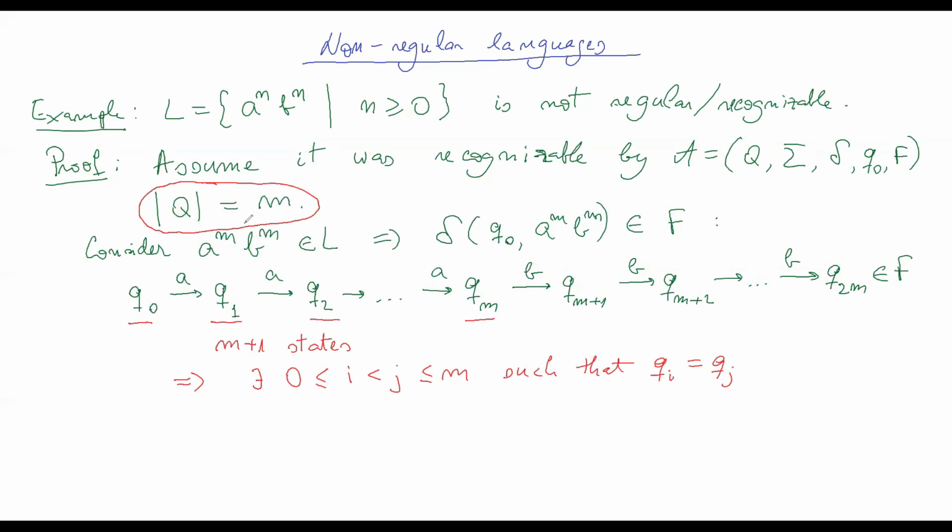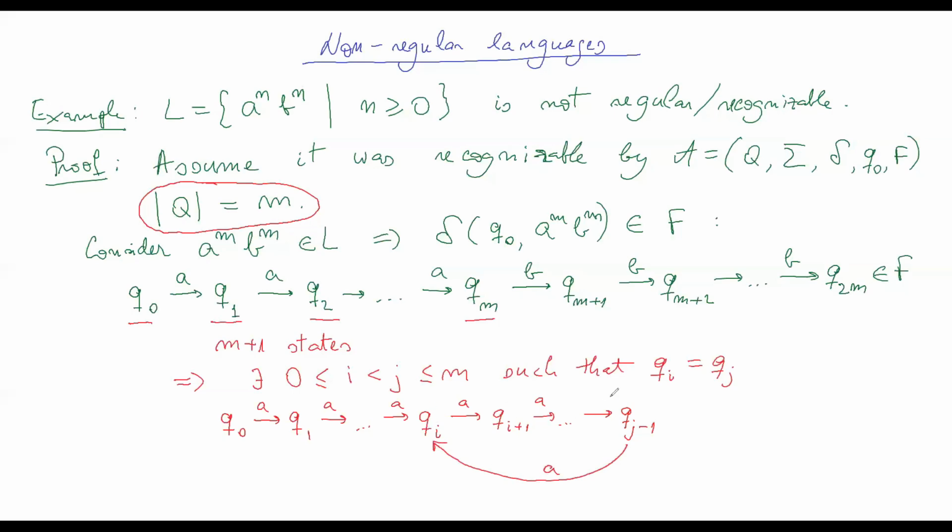The way this computation looks now is like this. You start from Q0 and read some A's, and you go all the way to Qi. Then you continue reading, and you go to Qi plus 1, and so on, and you get to Qj minus 1, and this brings you to Qj, which is exactly the same as Qi.